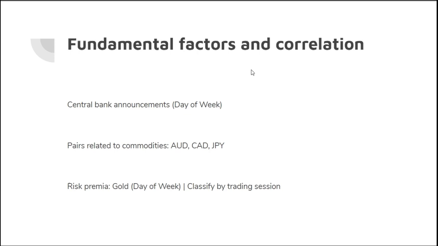We have pairs related to commodities. What can we extract, for example, for the Australian dollar and Japanese yen in relation to gold, or the Canadian dollar in relation to Texas crude oil, the British pound in relation to Brent crude oil, or even the inverse correlation between the Japanese yen and Swiss franc with stock indices.